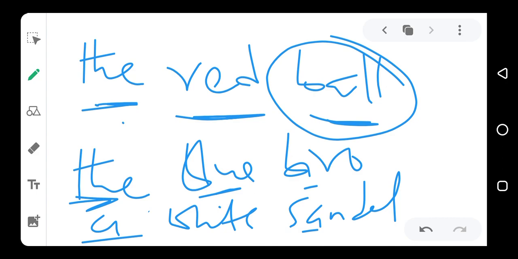Sometimes we may not have the article. If you have red ball, it is still a noun phrase. So we can have the adjective and the noun. We call it a noun phrase. An adjective and a noun forms a noun phrase.